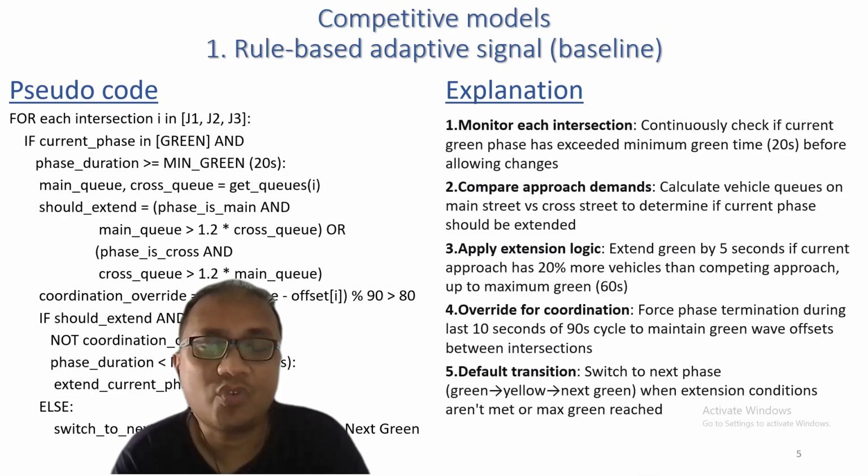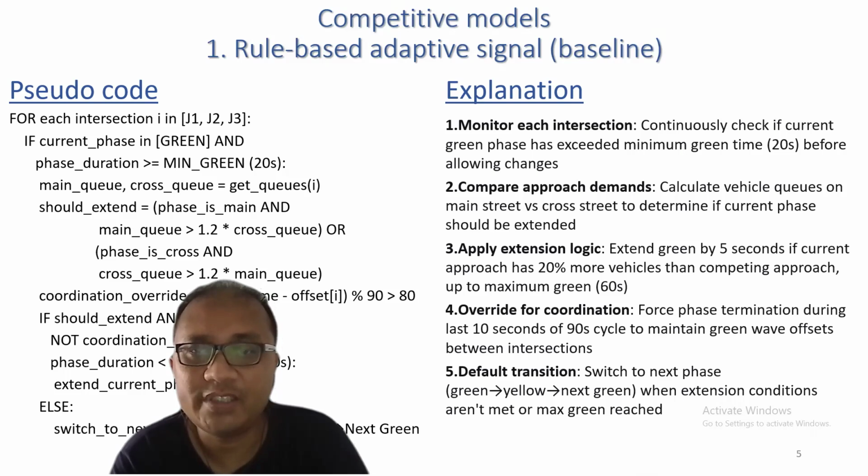And there is overriding for coordination. The phase is forced to terminate during the last 10 seconds of the 90-second cycle if the green wave offset needs to be provided. So I provide the green wave offset and consider the queue length and extend green times to provide the rule-based adaptive signal.